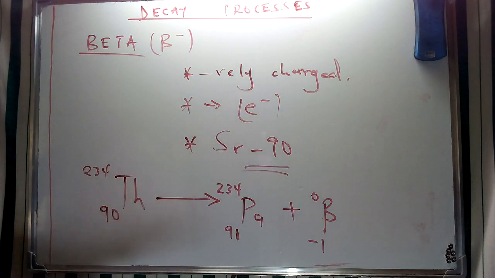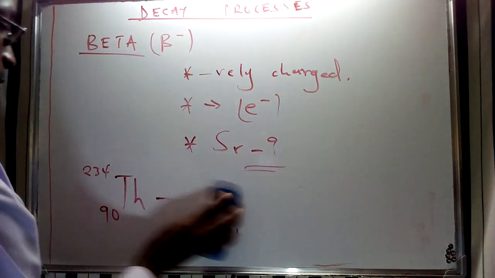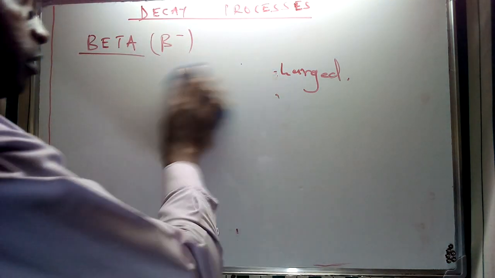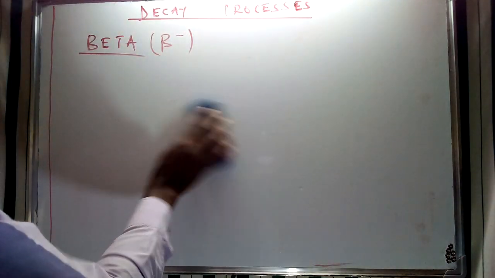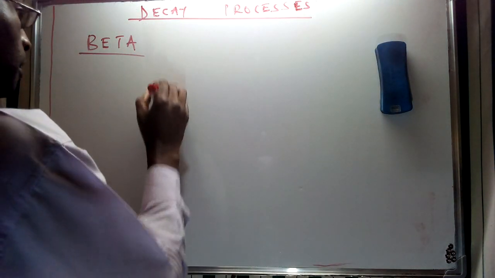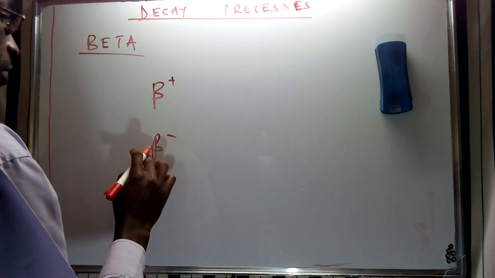For beta radiation, there's a slight variation in the sense that it can be illustrated in two aspects: beta positive, or what we refer to as the anti-electron, and the normal beta radiation, which is beta negative. So we can classify beta radiation in terms of beta positive and beta negative radiations respectively.